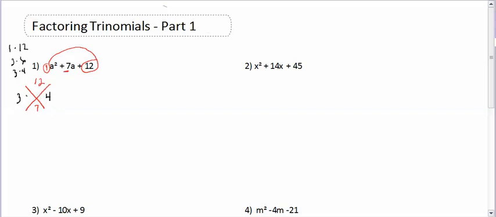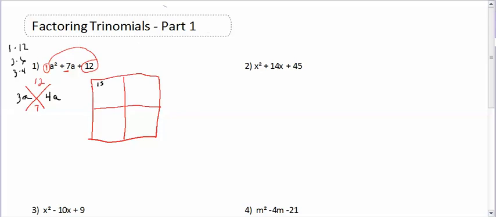Okay, I'm going to put my variables with these numbers on the side. Okay, now I'm going to create a box. It's going to be a 2 by 2 box. Okay, so let's create our box. In the upper left-hand corner, this is always going to be where you place your first term.